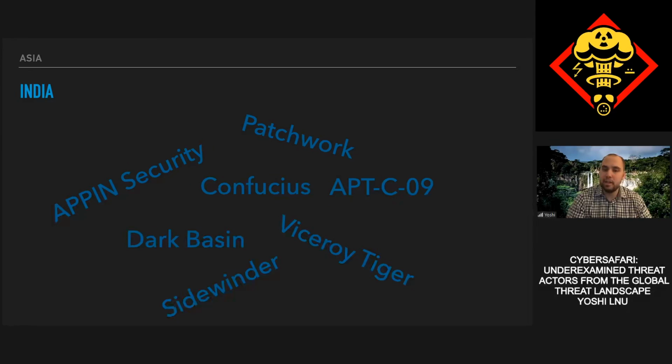Dark Basin, on the other hand, seemed to have two different types of campaigns that was reported by Reuters and Citizen Lab. The first seemed to be more aggressive, trying to force the user to unsubscribe so that they just stop getting the emails. It's loud, it's noisy, but it seemed to work, of just consistently pounding spam emails, sometimes pornographic content, in order to try to just get the user to say, I'm done.